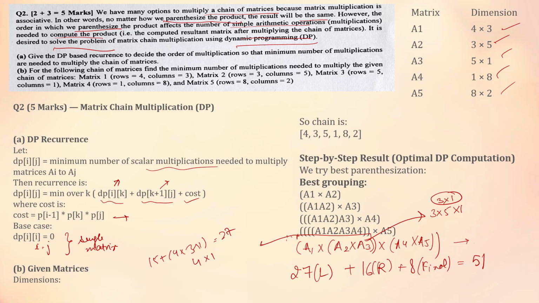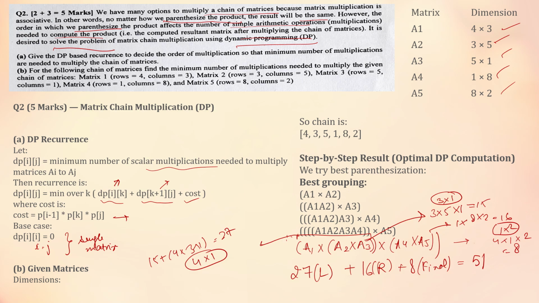Your result will be a 4 cross 1 matrix. This was equal to your 15. Then next A4 into A5, this will lead to 1 into 8 into 2 is equal to 16, giving 1 into 2. Now the final will be 4 into 1 into 2, which is 8.